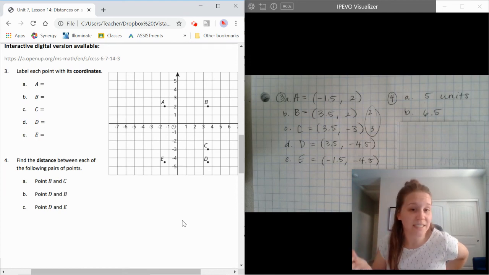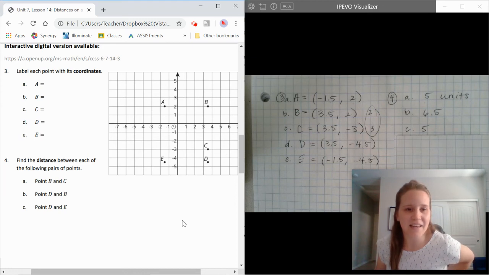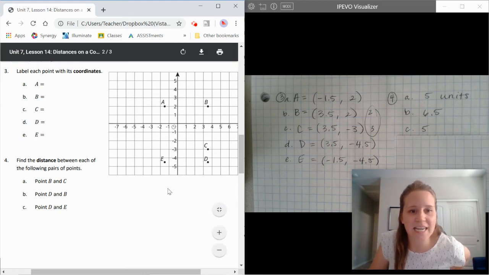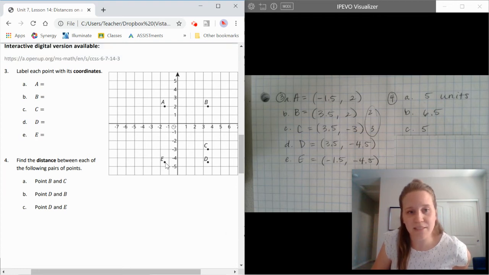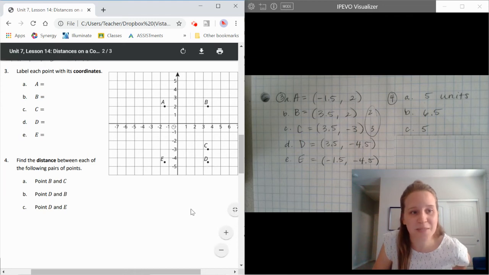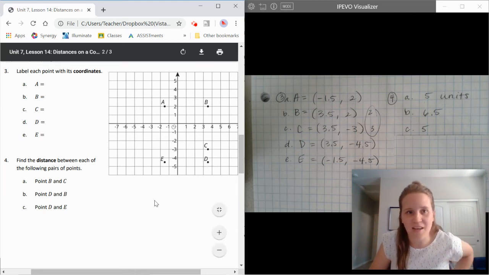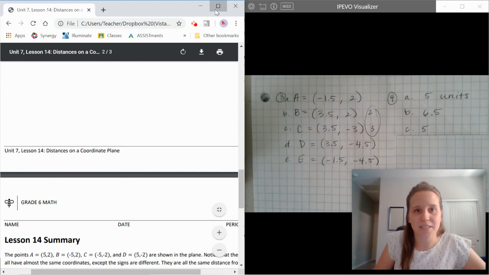Notice that half a box is half a unit. And C, 5 units. Point D and E are interesting because they both fall on the halves. If I'm counting boxes, I'm counting here's half, here's one more, 1.5, 2.5, 3.5, 4.5, and then half again is 5 units apart.